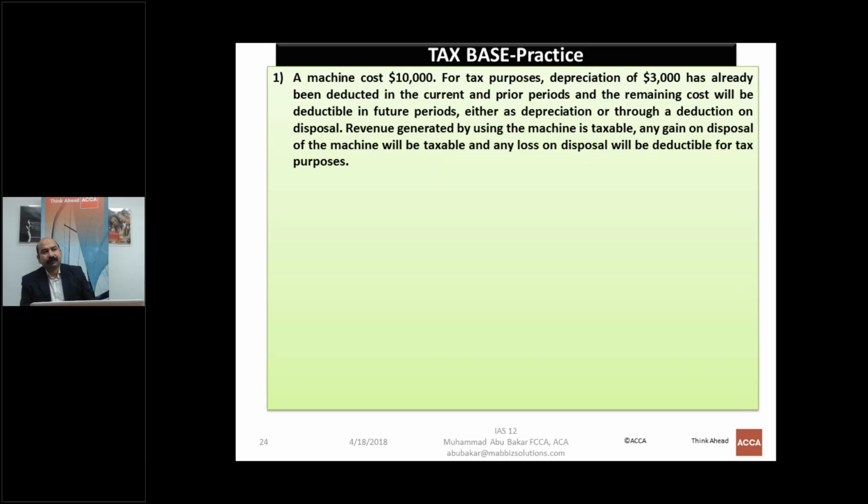Usman says 7,000. Okay, more people should come up with their answer. So what is the tax base? There are two options: the tax base of this machine is 10,000 or 7,000. So please write in the comment box, 10,000 or 7,000.